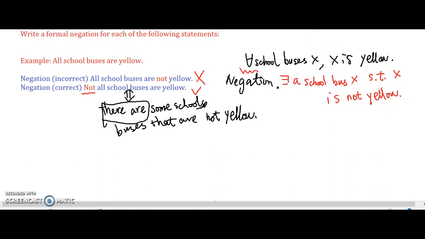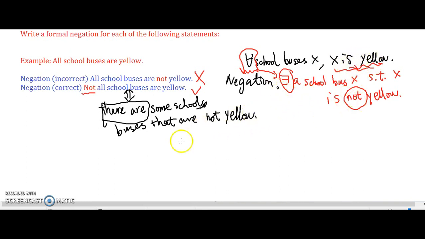So two changes here we can see. We change for any to there exists, and we change is yellow to is not yellow. This is sort of like a formula to negate a universal statement: change the universal to existential and negate the statement about X. It doesn't matter what it is, we negate it.